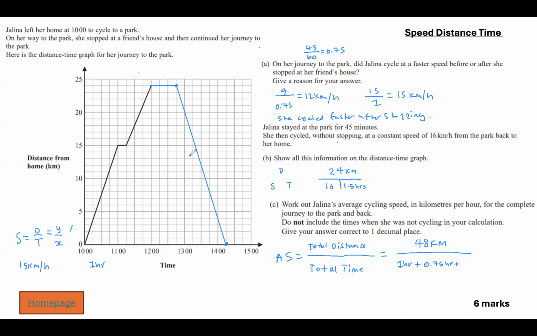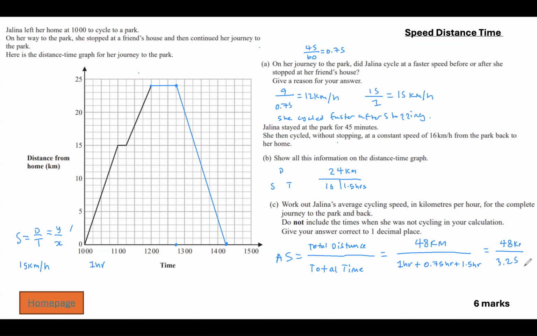Plus, from here to here, so we are going, that's 15, 30, 45, 1 hour, 1 hour 15, 1 hour 30. So it's going to be 1.5 hours again. So that's going to give us 48 over, if we do 1 plus 0.75 plus 1.5, that's going to be 3.25.